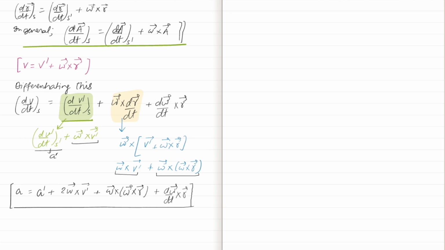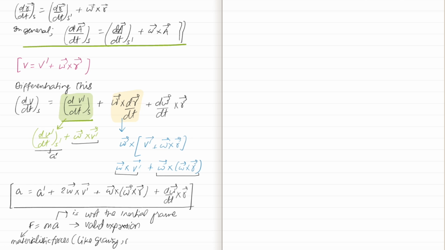Now looking at this term, now we can get our required forces or the modified forms of Newton's second law. So we know F is equal to ma. This expression is valid as the acceleration is with respect to the inertial frame, and the forces here involved are all the real forces or the materialistic forces like gravity, contact forces, etc. So in our non-inertial frame, we have to write F modified equal to mass into acceleration of object with respect to that frame.